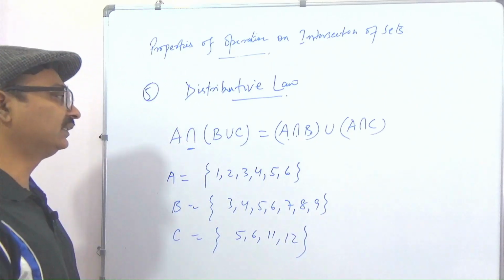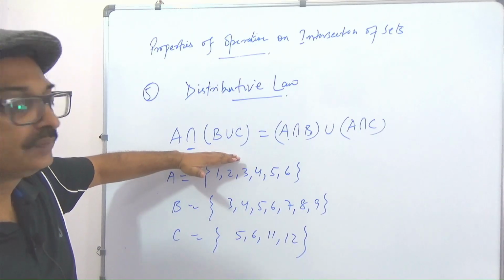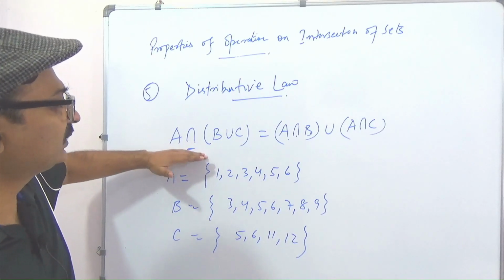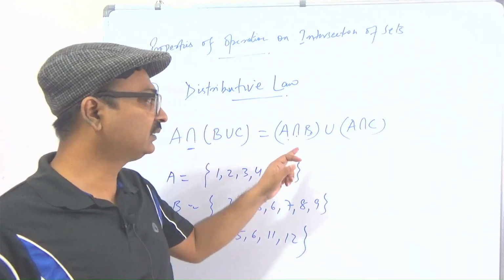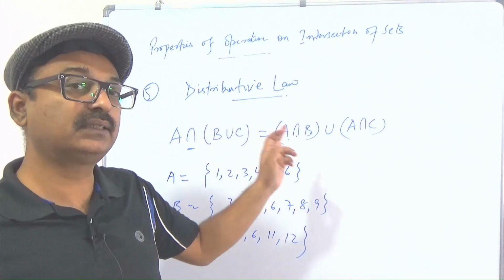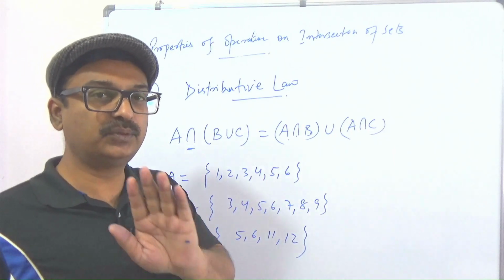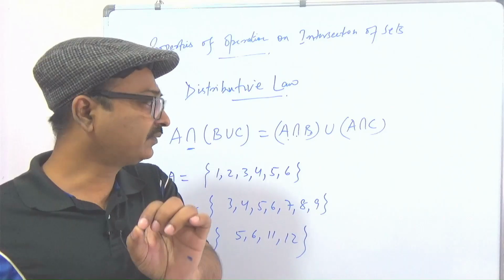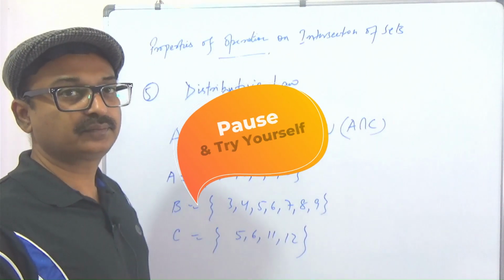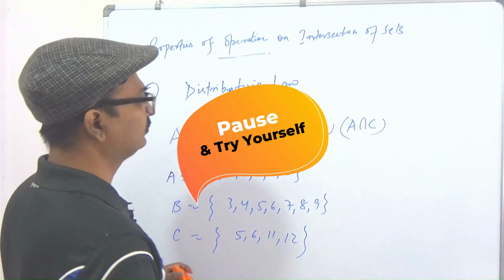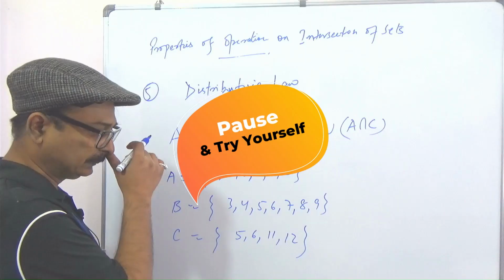So these are A, B, C. First of all, you take B union C, then A intersection B union C, and then you take this and this. Pause this video, take 5 minutes and see whether LHS is equal to RHS or not. I'll solve it, but you pause this video and try to check this.